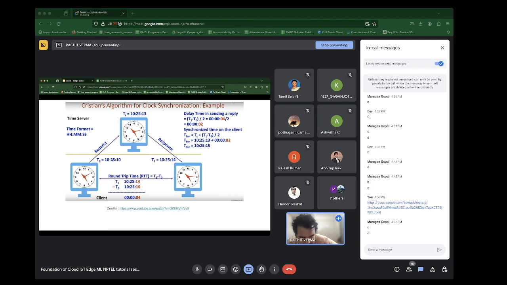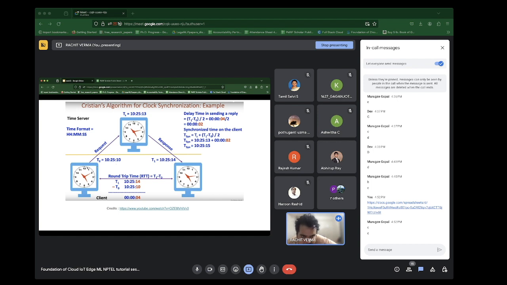First I'll make note of the timestamp of this first clock as T0. So T0 equals 10:25:10.